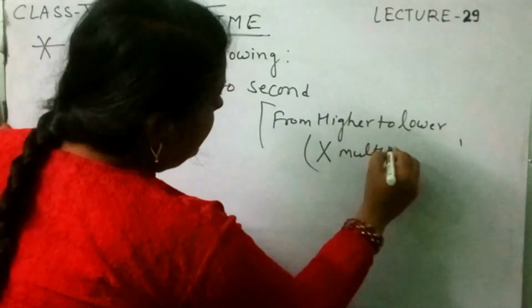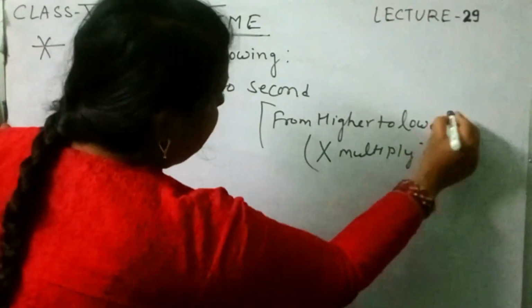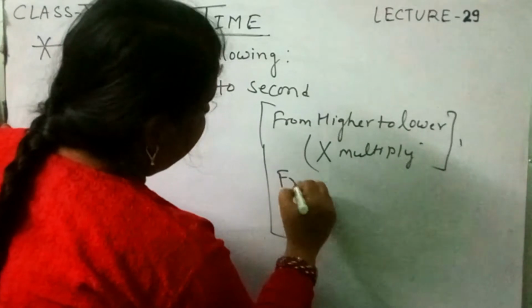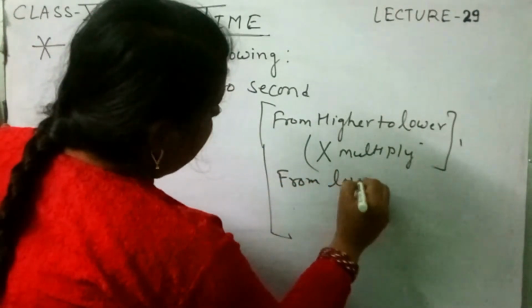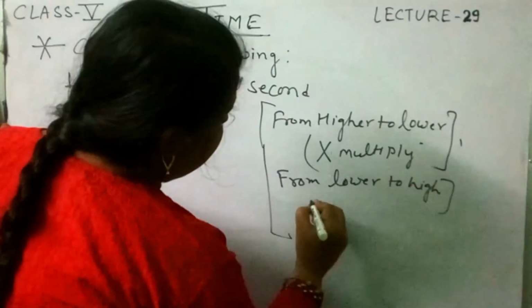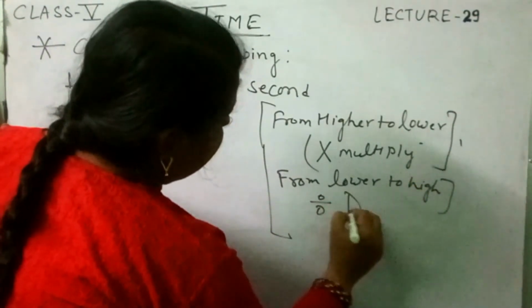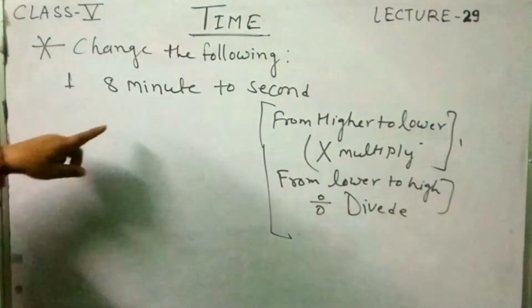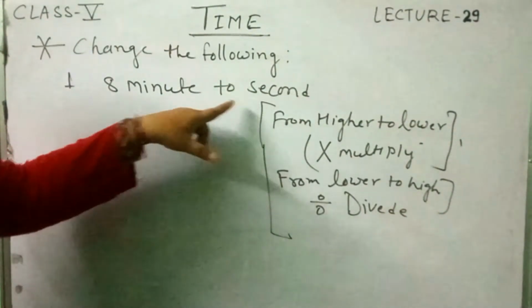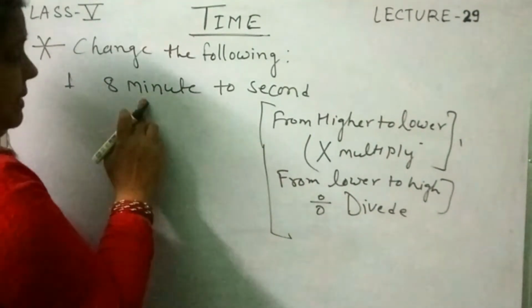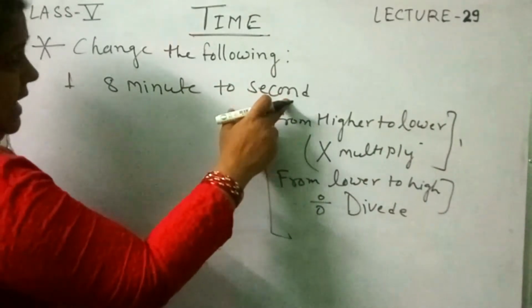And from lower to higher, at that time we have to use divide. Now here minute and second, in the table I explained 1 minute is equal to 60 seconds.